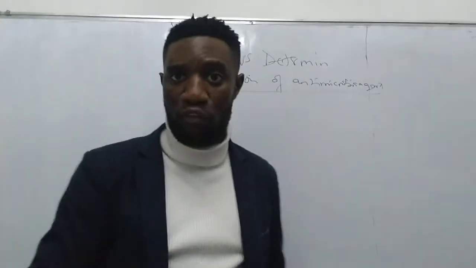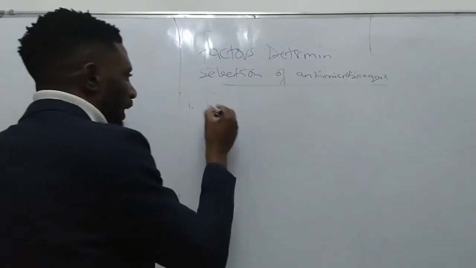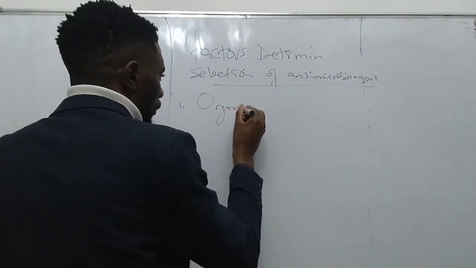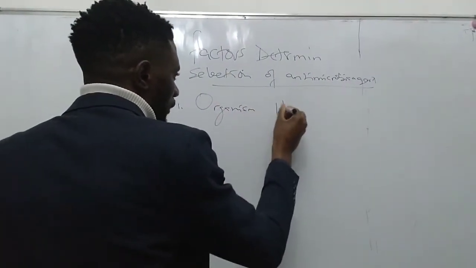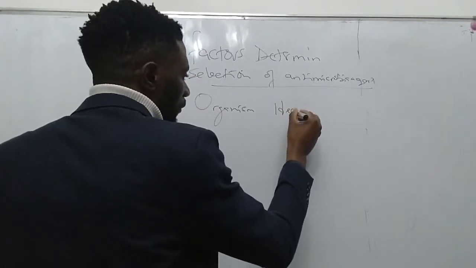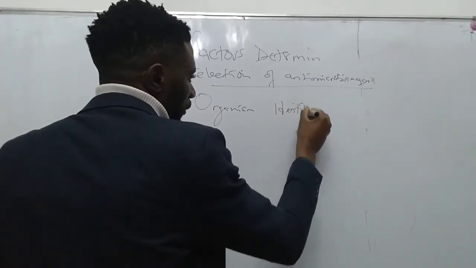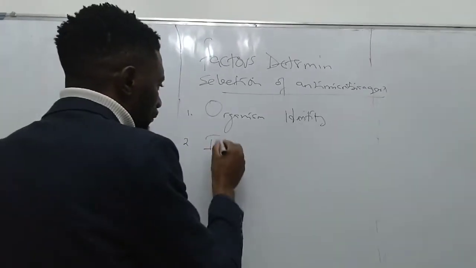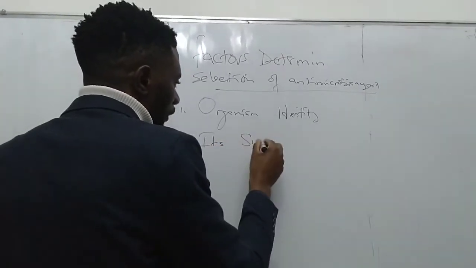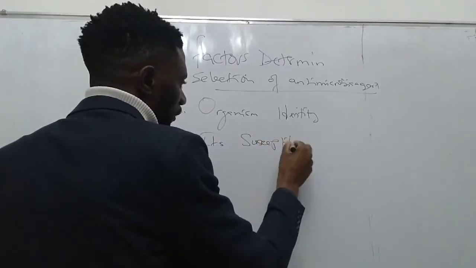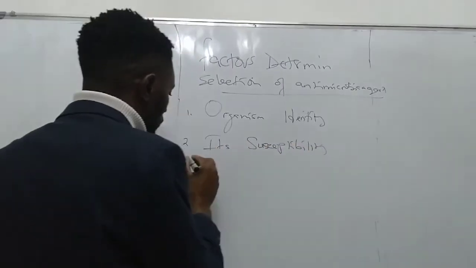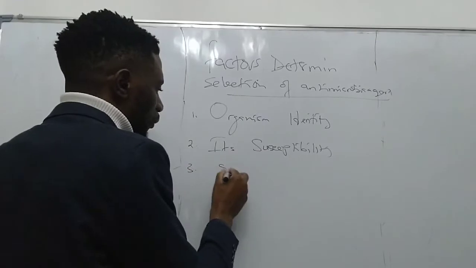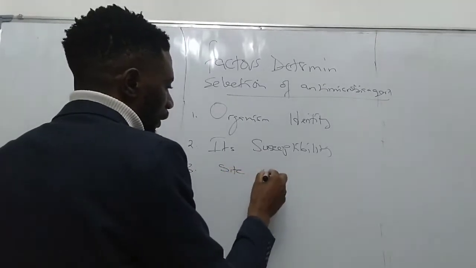So number one, first thing is what we call organism identity. I'm going to explain them, but first, let me list them. Number two is what we call its susceptibility. Number three is what we call site of the infection.